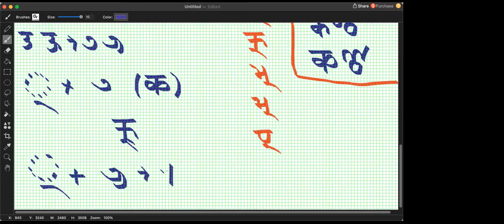I'll first write the half alphabet, that is written like this. And I'll write r, and you see here U matra, I will first draw U and gently lift it up. This becomes crew.